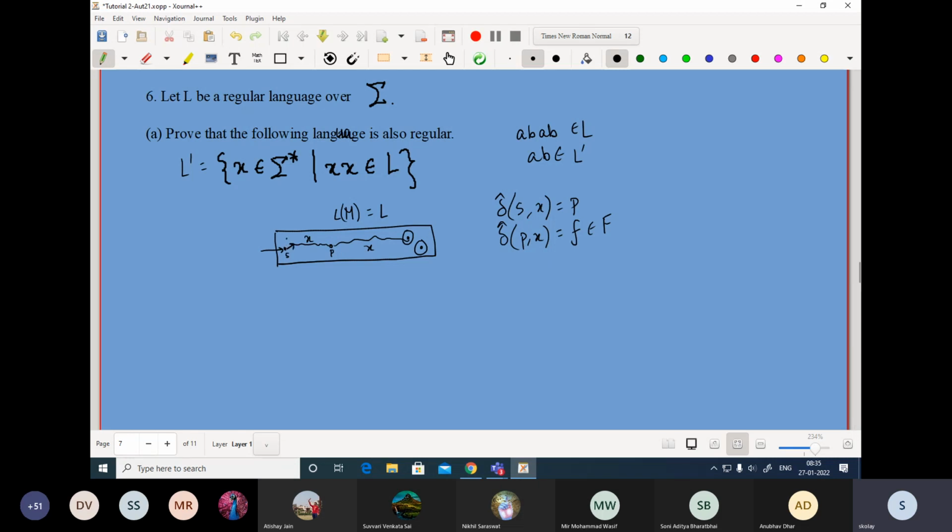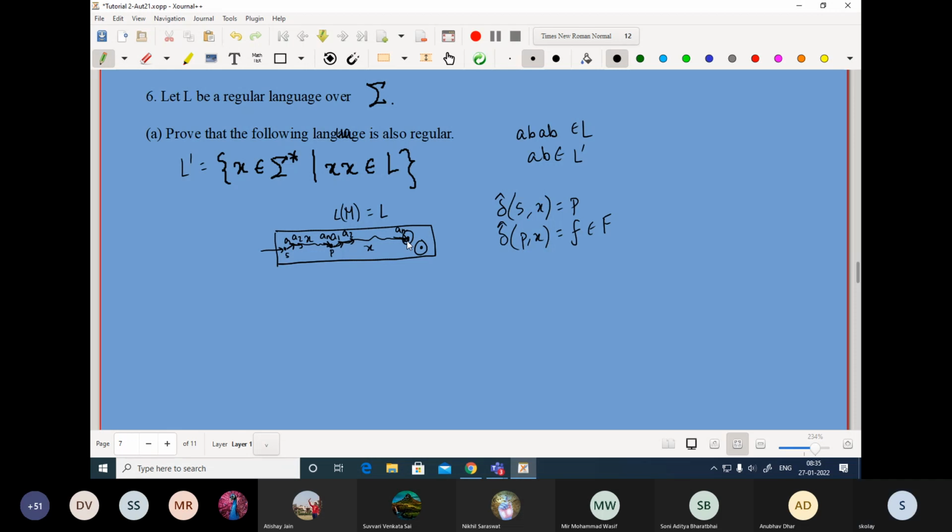If the first transition from S is some symbol A1, the first transition from P will be A1. The second transition is A2, then the second transition will be A2, and so on. If the last transition is AN, then the last transition will be AN. So whatever you are doing in the path starting from Sn, you're doing the same thing in the path starting from P. It's just that in the first path you're ending in P, and in the second path you're ending in a final state.